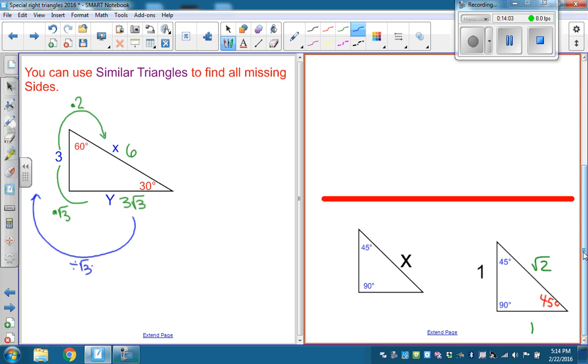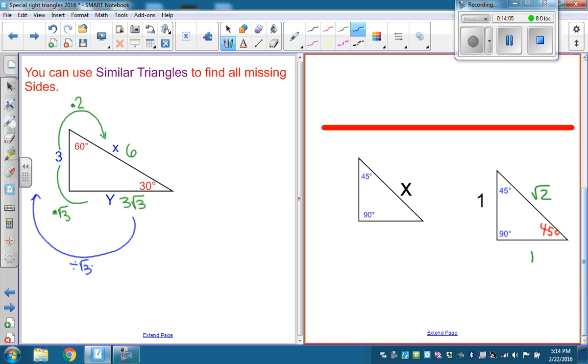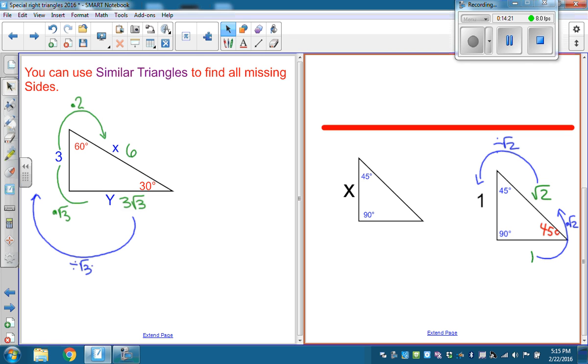For 45, 45, 90, to get from the hypotenuse to one of the legs, you divide by the square root of 2. And to get from the leg to the hypotenuse, you times by the square root of 2. So, if I need to find x, and I know that this is 6, to get from here to here, I'm just going to divide by the square root of 2, and then I have to rationalize it.